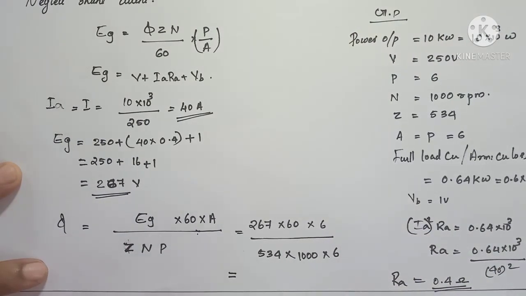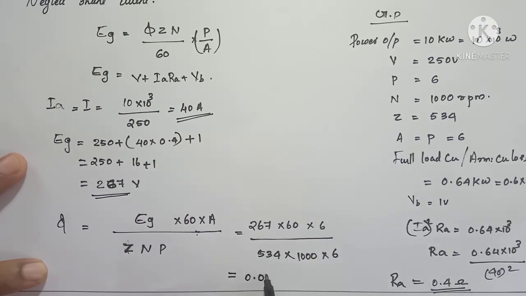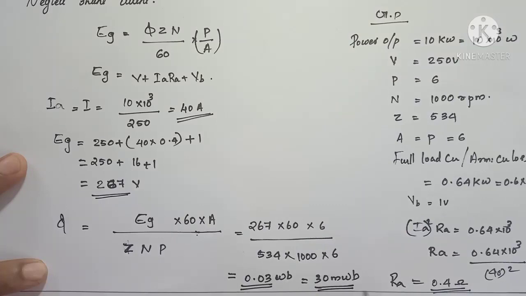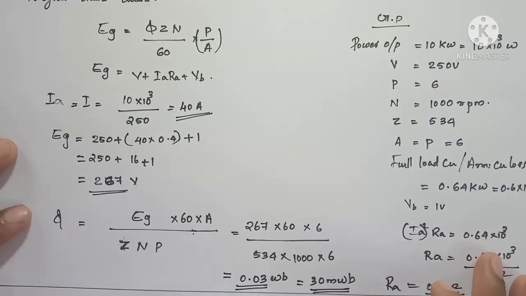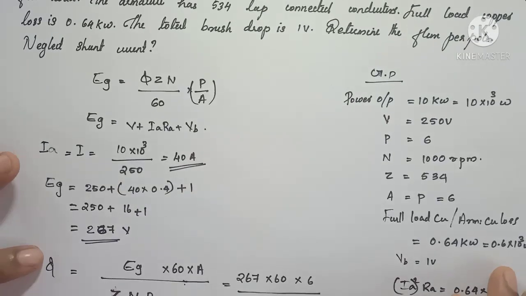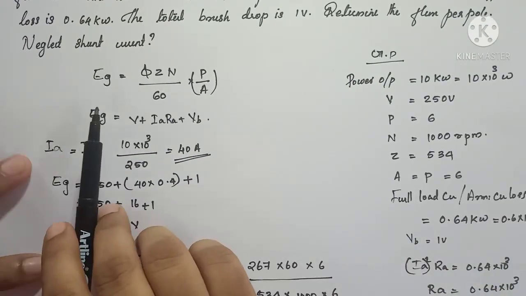So after calculating we will get 0.03 Weber, that is equal to 30 milliweber. That is the value for flux. So we will get the value of flux from this equation.